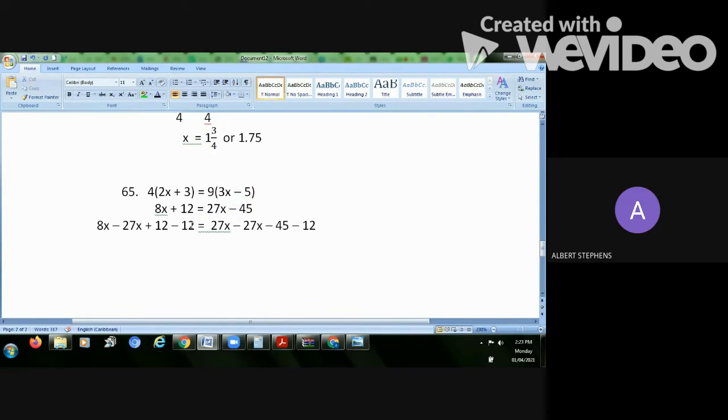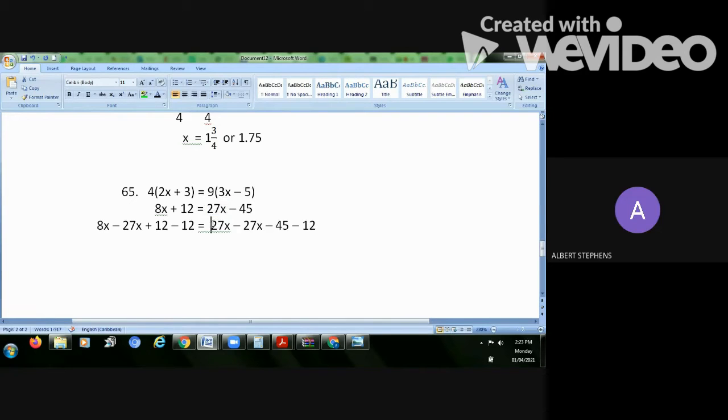Basically, what she did was she wants to get rid of this 27x on the right-hand side.